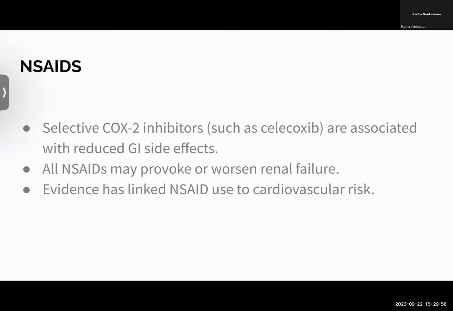So GI, renal, and cardiovascular, all 3 systems can be affected. But generally, NSAIDs are used right, left and center, and many people don't even see a doctor. They just go straight to the pharmacy and buy them. What has that cost? All of you will know.